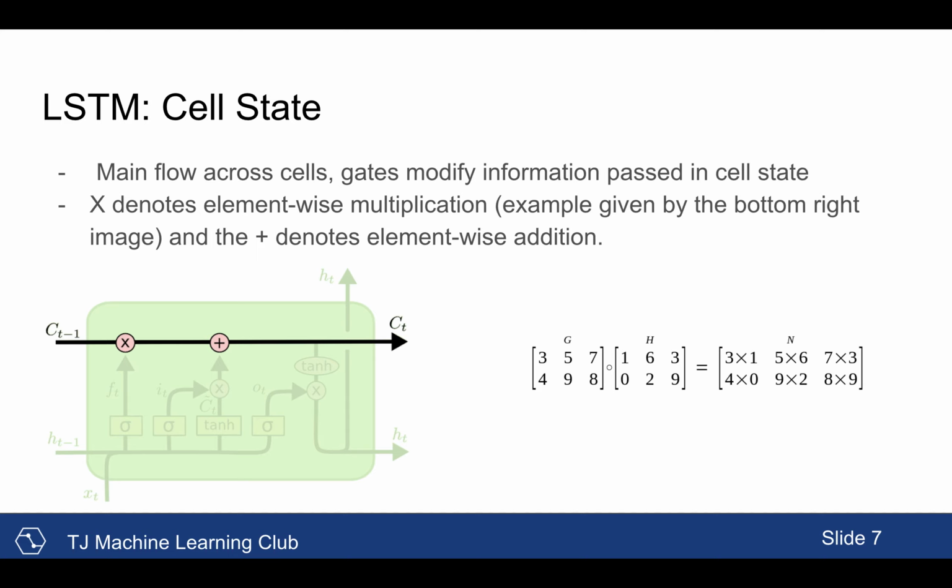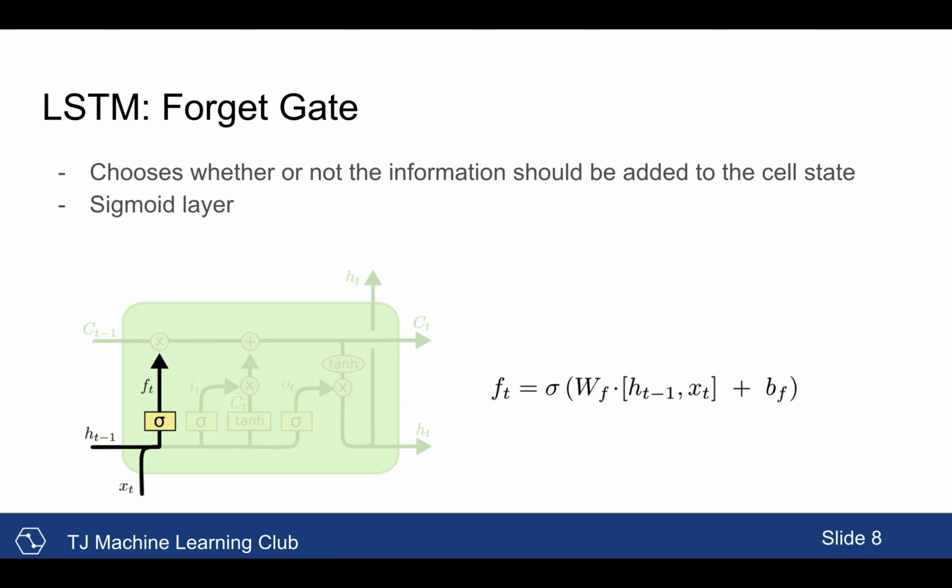If we take a look, the X denotes element-wise multiplication, which is different from matrix multiplication, as we're multiplying the same position in one vector to the same position in the next. And the plus denotes element-wise addition. The forget gate determines whether or not the information should be added to the cell state.